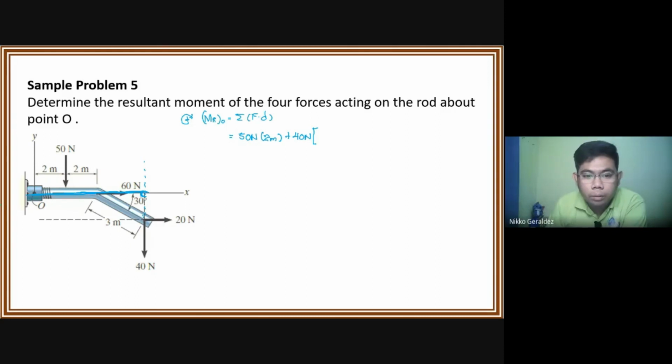It is not complete, because all we have for the perpendicular distance is the 4 meters, from this point up to the line of action. So what do we do to solve the perpendicular distance?